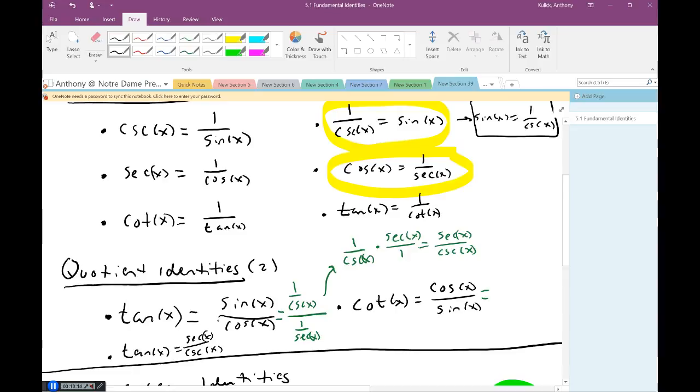Okay with that? And that's what's on there, right? I don't have the sheet in front of me. Yes. And similarly for cotangent, you can see kind of how this is going to go. I can write it as 1 over secant divided by 1 over cosecant, which is just cosecant over secant.